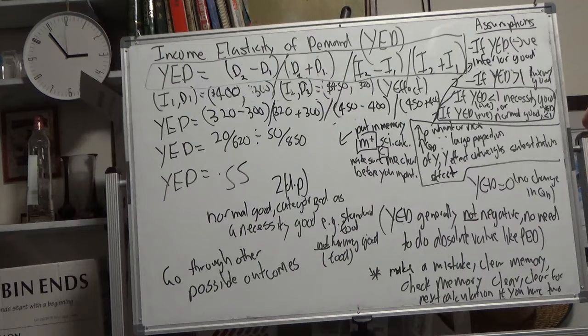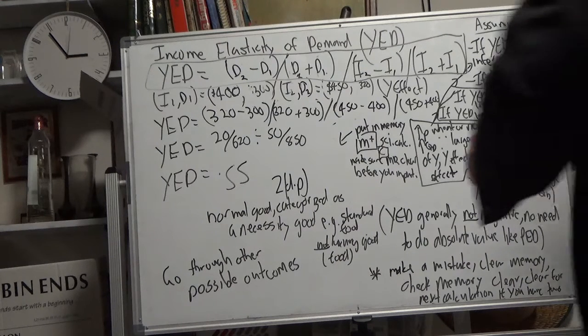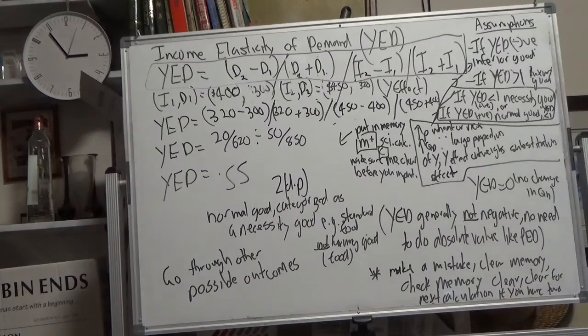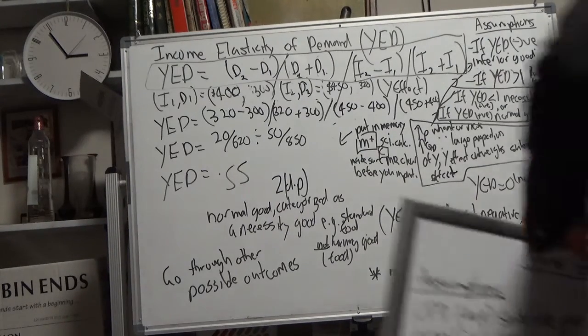Now we can go over to cross elasticity of demand, just on this whiteboard, which I'll mount here on the bracket. You may have to calculate cross elasticity of demand.